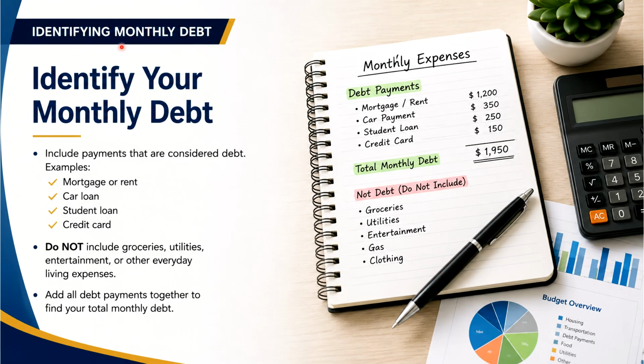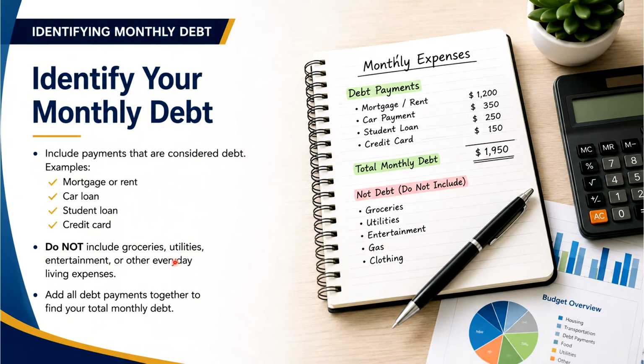Before calculating your debt to income ratio, you need to identify all your monthly debt payments from your monthly expenses, Table 2 in part 1. Examples of debt payments may include mortgage or rent payments, car payments, student loan payments, and credit card payments.